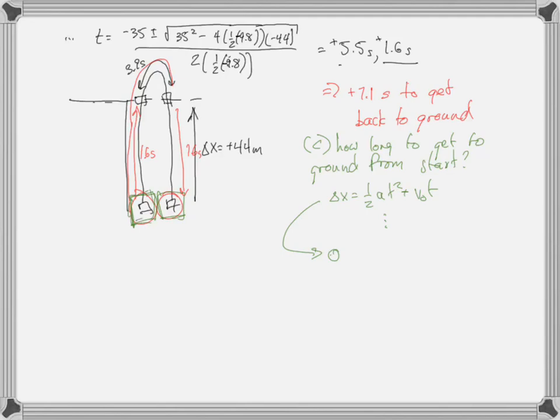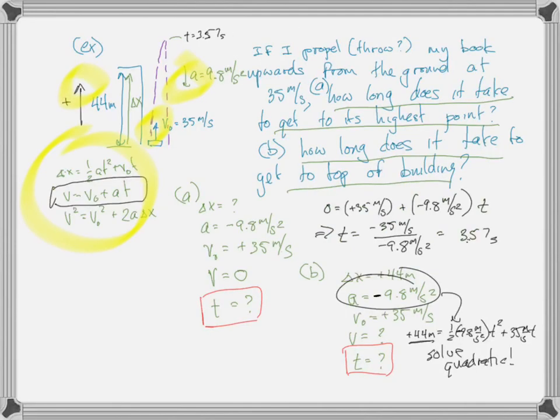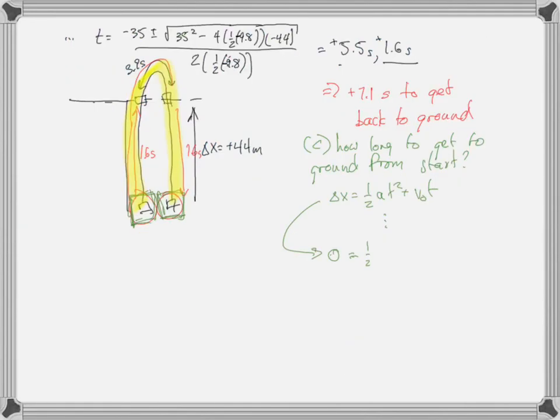So it starts at the ground and finishes at the ground. If we do that whole trip, delta x is equal to 0. Okay, 0 equals 1/2, and let's use the same sign convention that we did over here, times minus 9.8 meters per second squared, times t squared plus v0, which is plus 35 meters per second, times t, and let's solve for t.